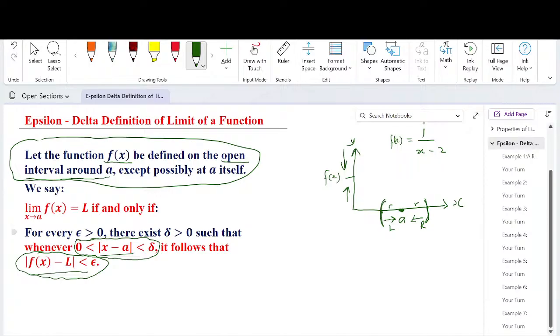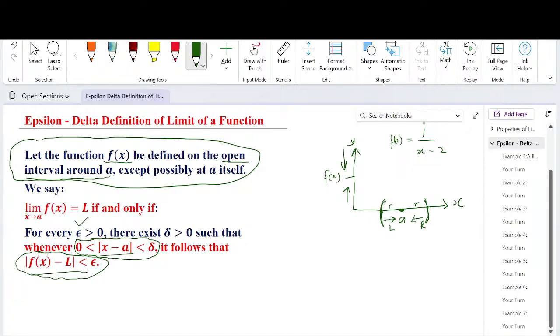So for every epsilon greater than 0, this is the universal quantifier, and then there exists.